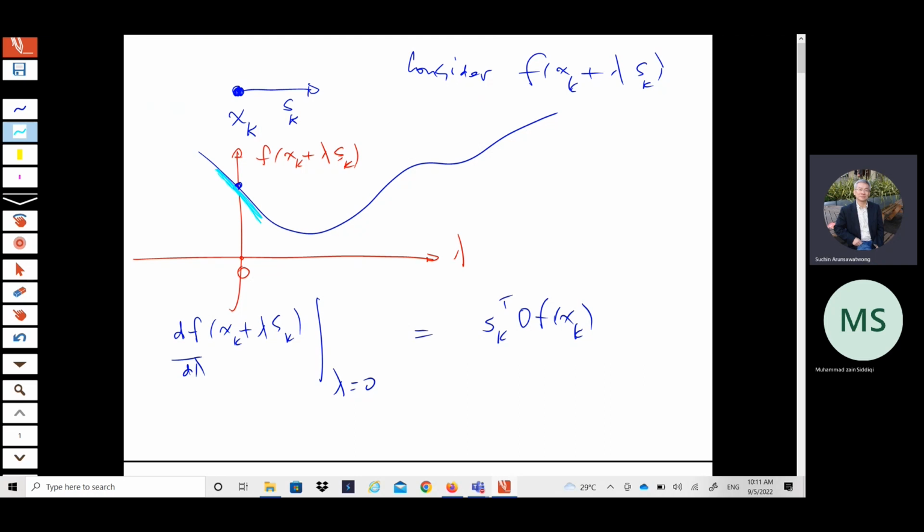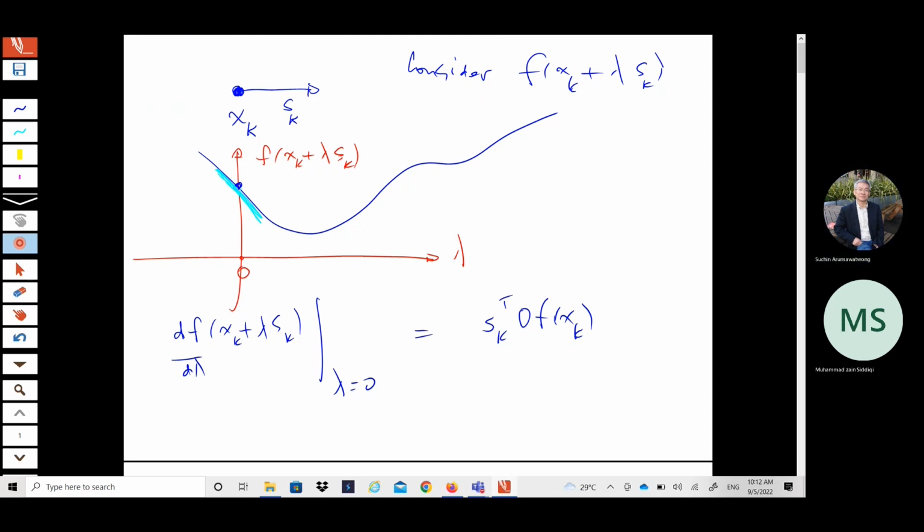Now if the slope at this point is negative, then from the continuity property of the function, there exists a lambda such that the slope of the function f(xk plus lambda sk) is 0, and that point is a local minimum point.